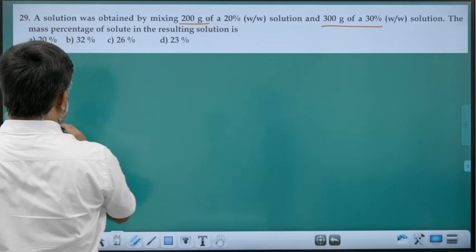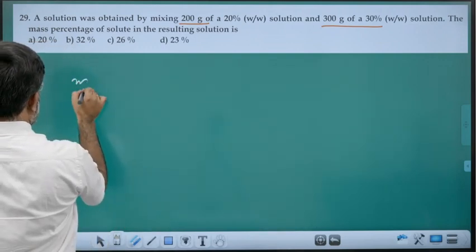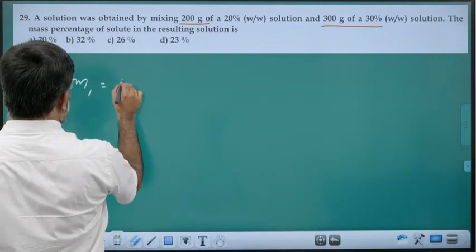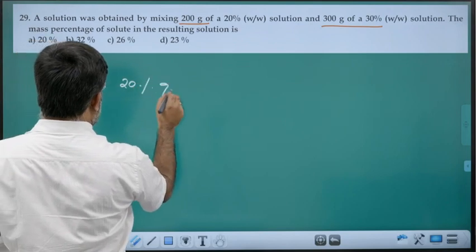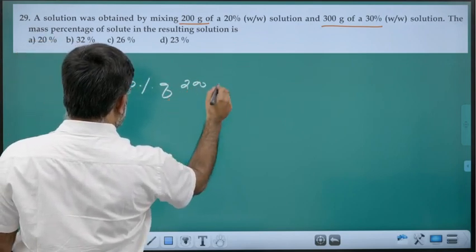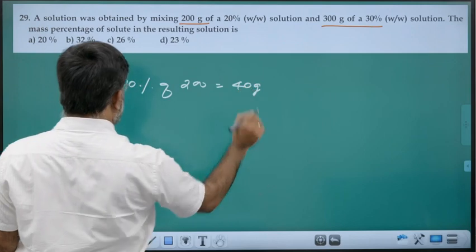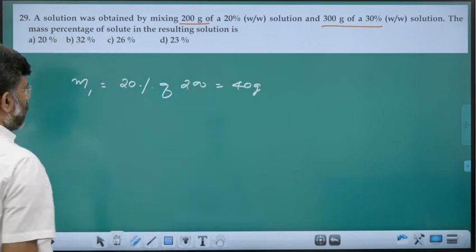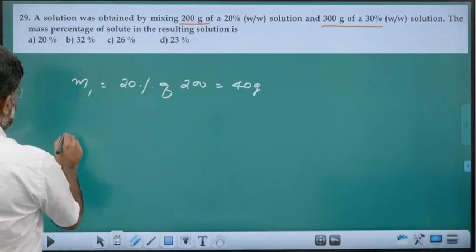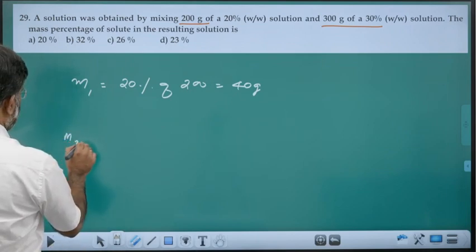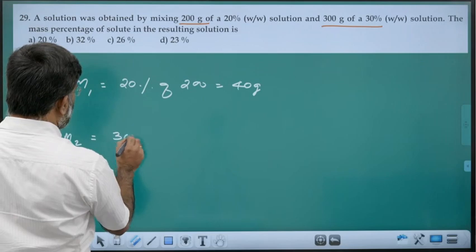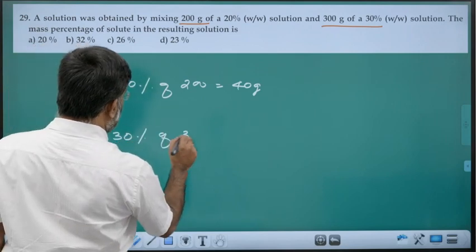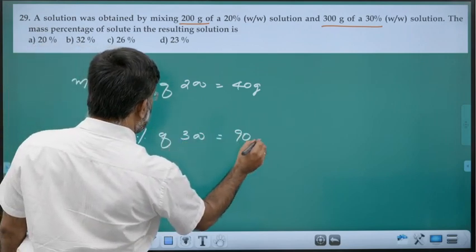Mass of solute is 20% of 200, that is 20 by 100 into 200, 40 gram. What is the mass of solute in the second case? It is 30% of 300, that is 90 gram.